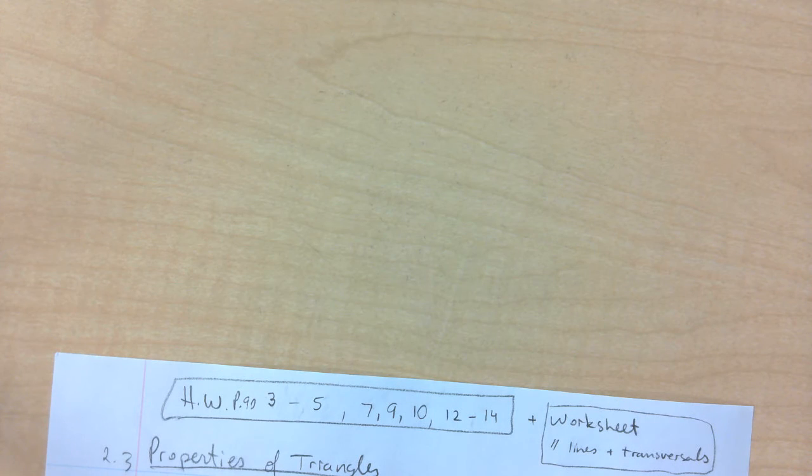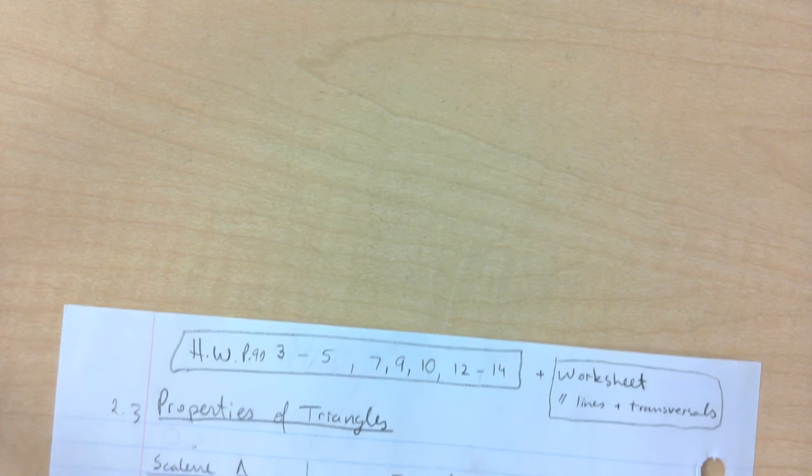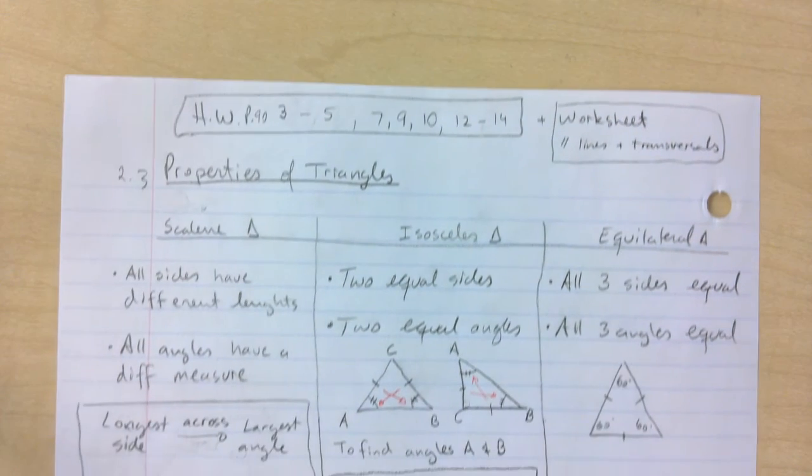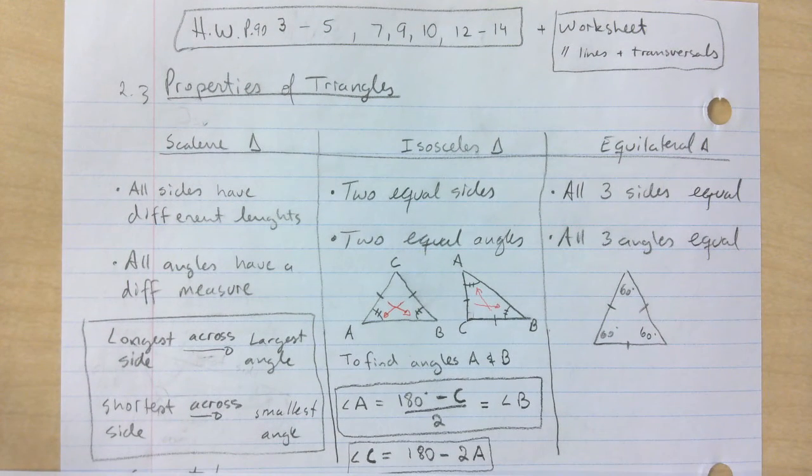So here we go. Take your notes back to loose leaf. And just a couple things about triangles before we continue with our, and there's a homework and everything already.